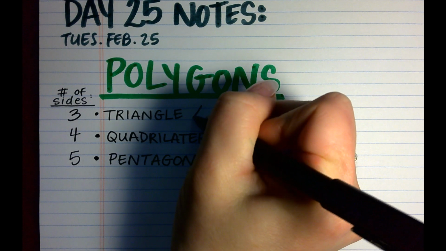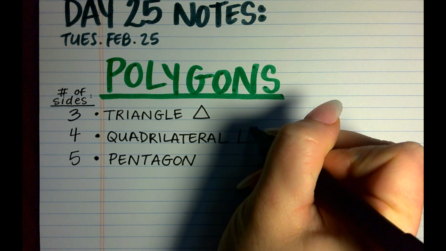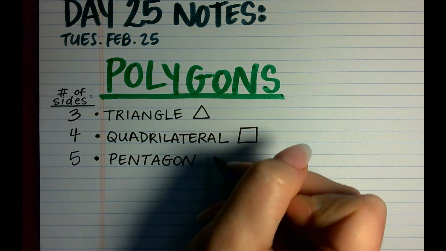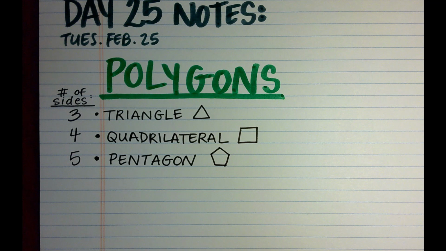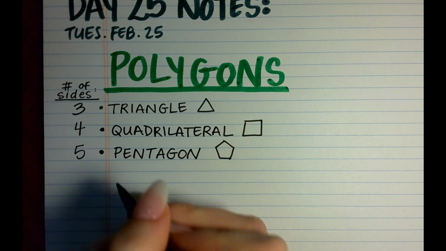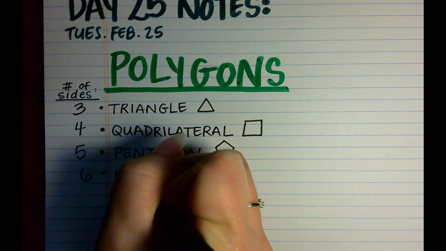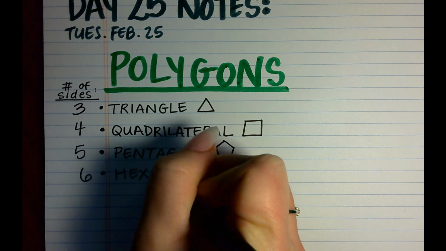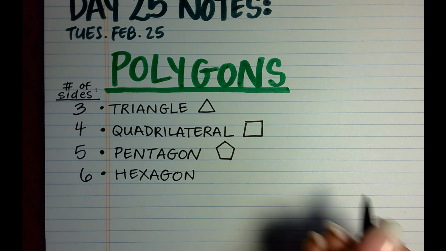And we could draw a little picture by these. My triangle's got 3. My quadrilateral's got 4. My pentagon's got 5. About 6. Hexagon. Good. You guys know some of these. Hexagon has 6 sides.